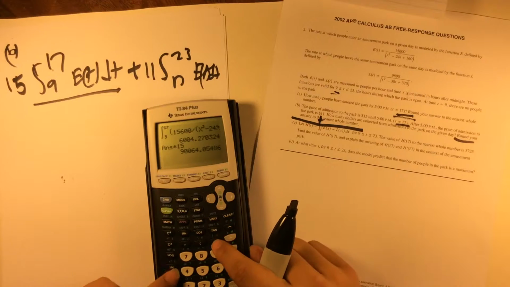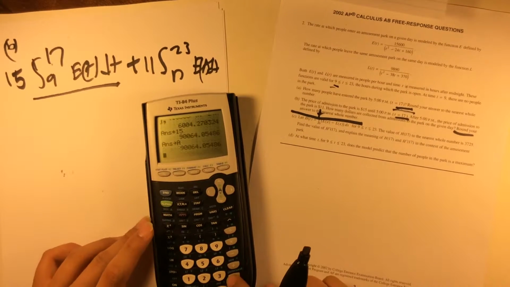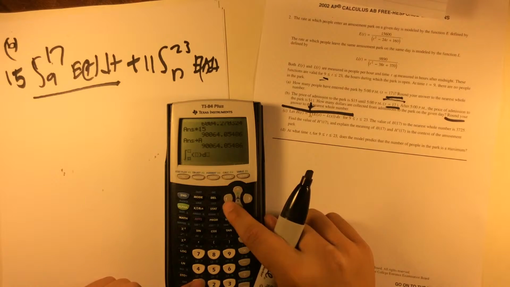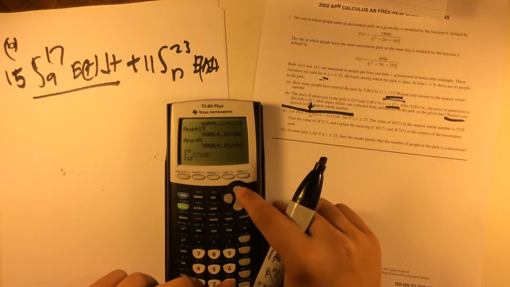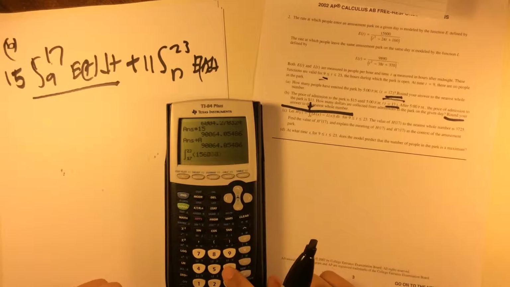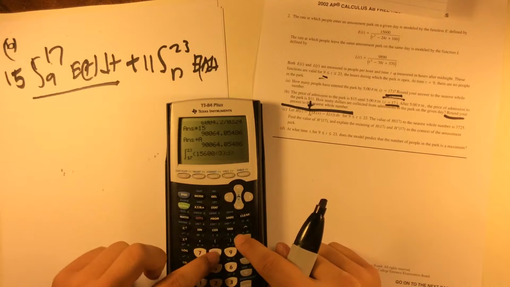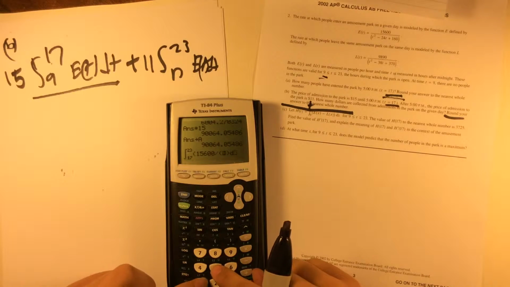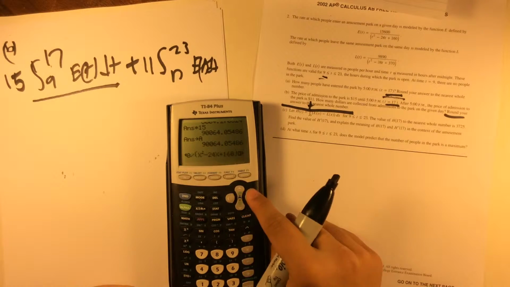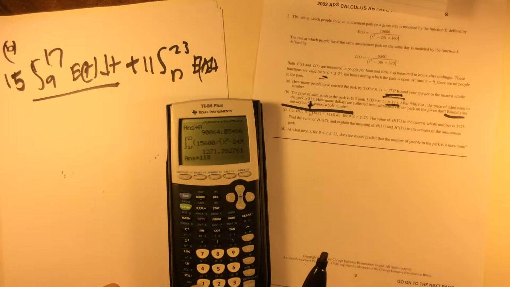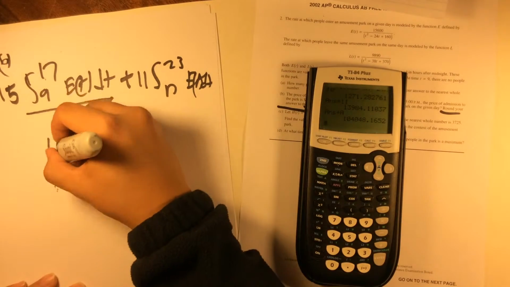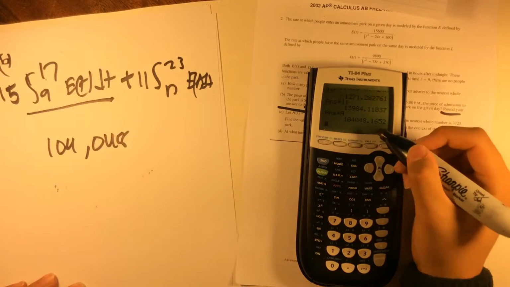I can store that as A, and all we have to do is integrate from 17 to 23 of 15,600 divided by x squared minus 24x plus 160, in parentheses, dx, times 11, and add this part, A, equals 4,048, and this part 0.165.